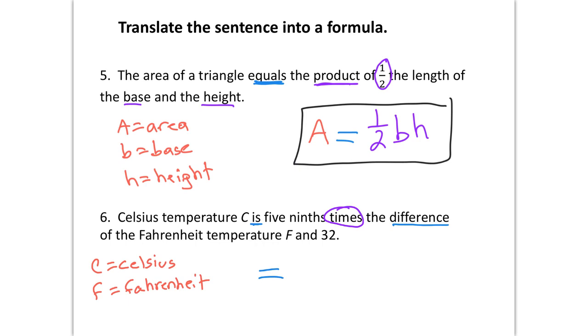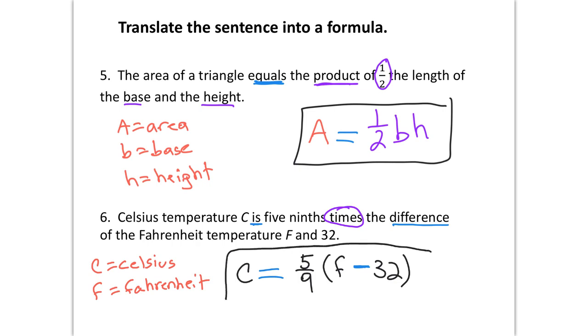So I'm going to start with the variable C. There's the Celsius temperature C is 5 ninths. So that's going to be 5 over 9 times the difference. So that means I'm going to need parentheses because I'm going to have a quantity. I'm going to have to subtract. So the difference, minus here, Fahrenheit temperature F and 32. So that's my equation right here.